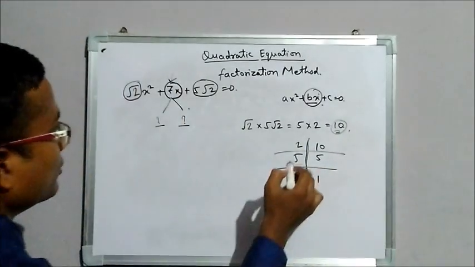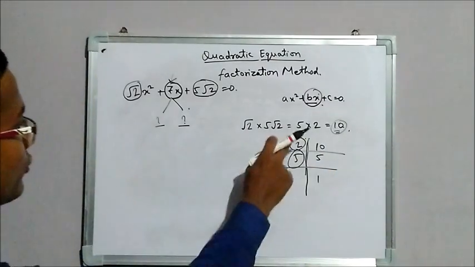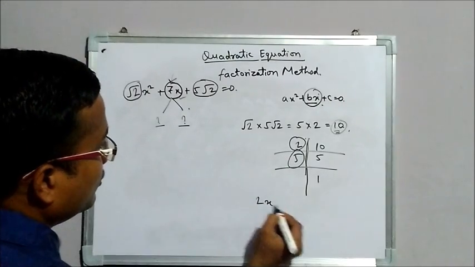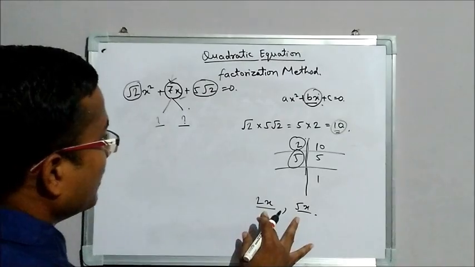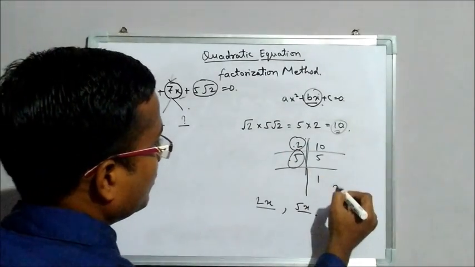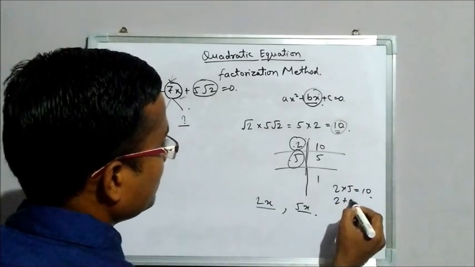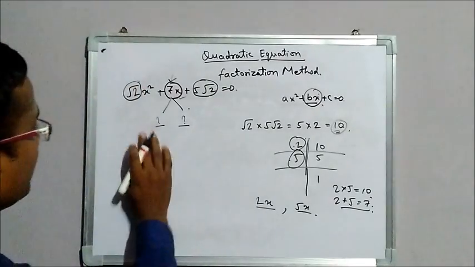So the two numbers we got are 2 and 5, and we need 7x. So the two terms are 2x and 5x. On multiplying these two terms, the product is 2 into 5, equal to 10, and on adding these two terms we get 7.